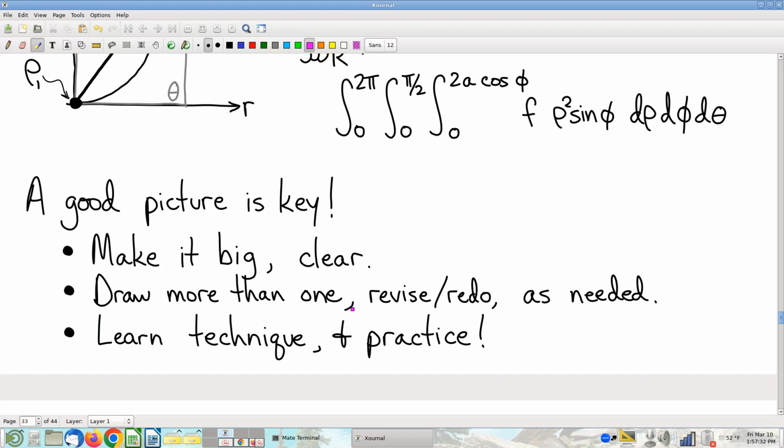Last comment. There's techniques, there's tips and tricks on how to do mathematical drawing. Don't reinvent the wheel. Learn these little tips and tricks, little techniques. A couple of clever observations, and you'll instantly become a better 3D drawer.